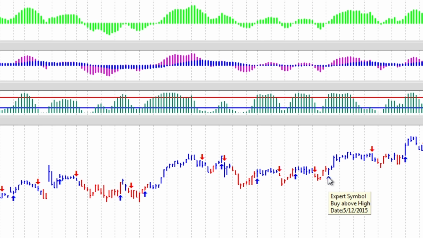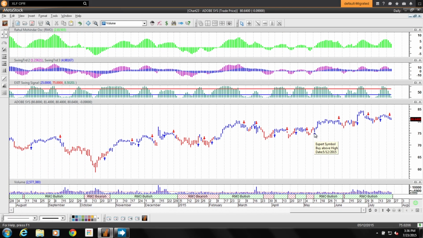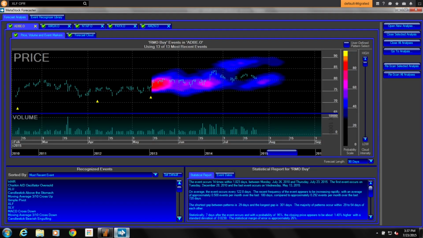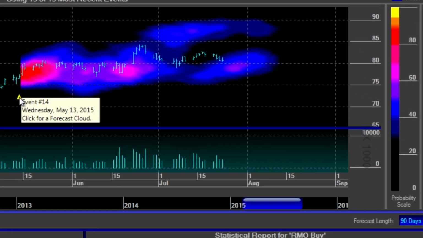Now with the new forecast recognizers, we can actually see what's happened every time that event has happened over time with Adobe. So let's go over to the forecaster for just a moment and take a look at what price has done with Adobe every time we've had an RMO buy signal. This is that last example we saw back on May 13th, where it triggered an entry point for us.